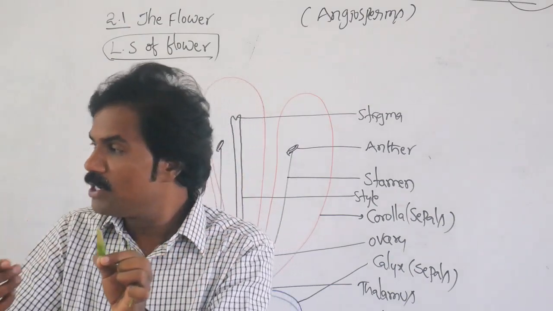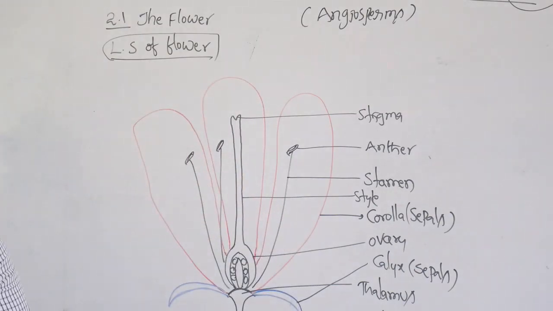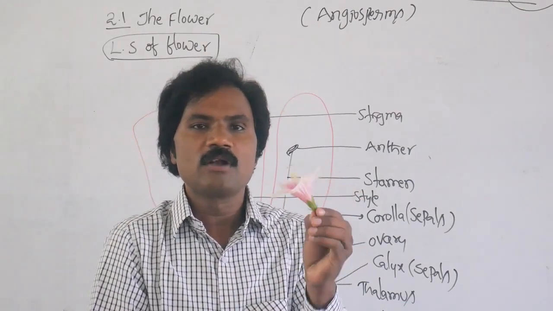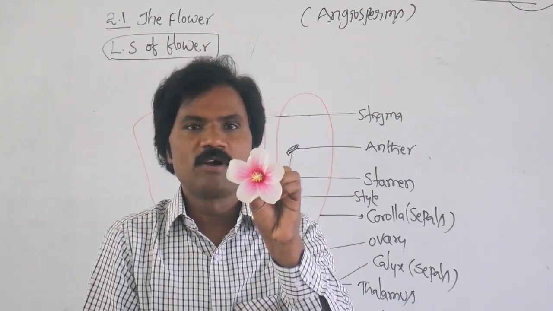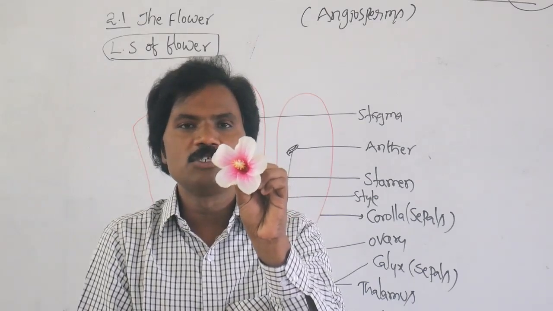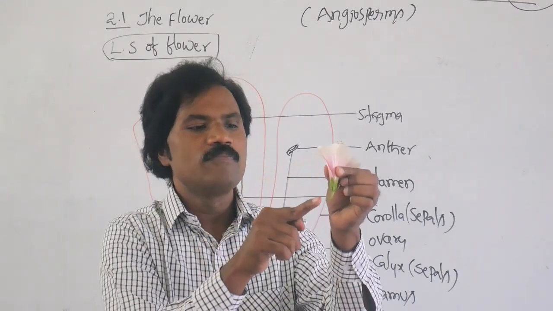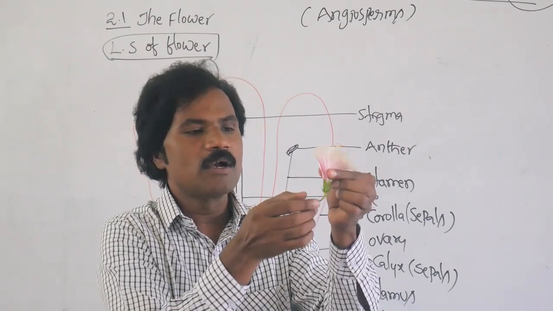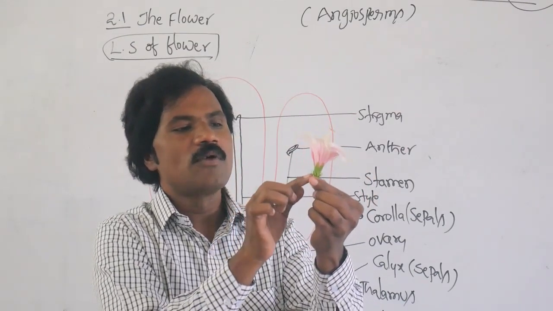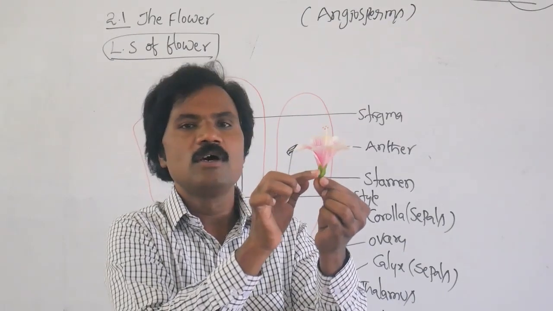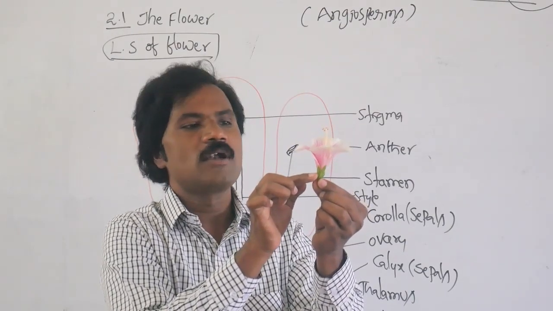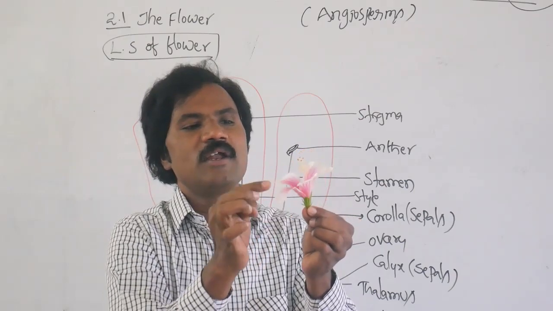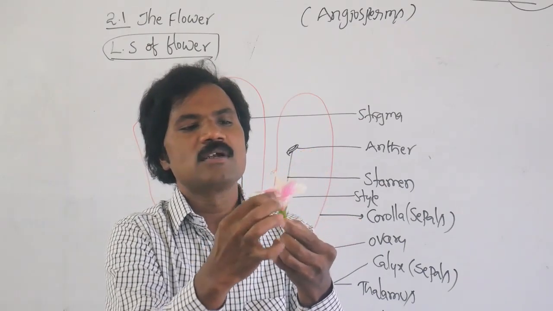Then at complete development, the complete maturation of the flower, this is the pedicel part. Surrounding it is the calyx, green in color. Then these are the petals.